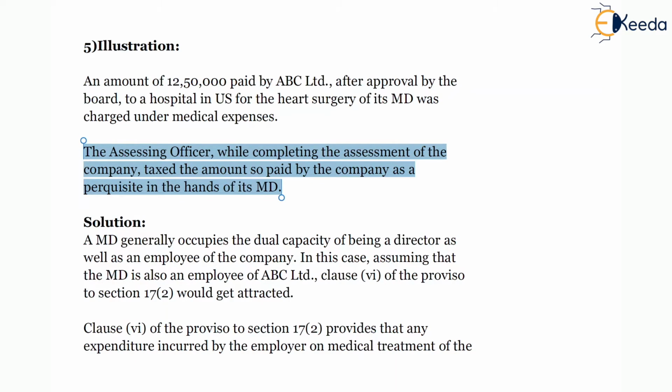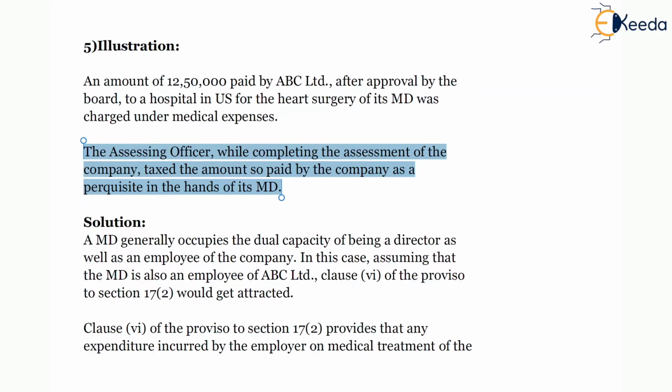So friends, in this case, you can see the issue under consideration is whether medical expenses incurred by the employer on behalf of the managing director will be taxable as perquisite or not.